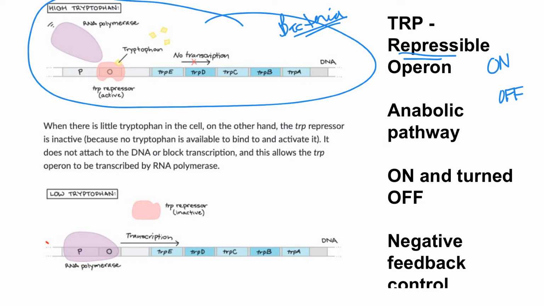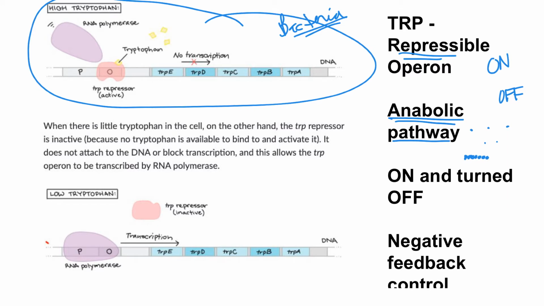Normally this type of operon is going to be present in anabolic pathways. Anabolic pathways is when we take small monomers and we build them together to make a large monomer, right? So we're building.